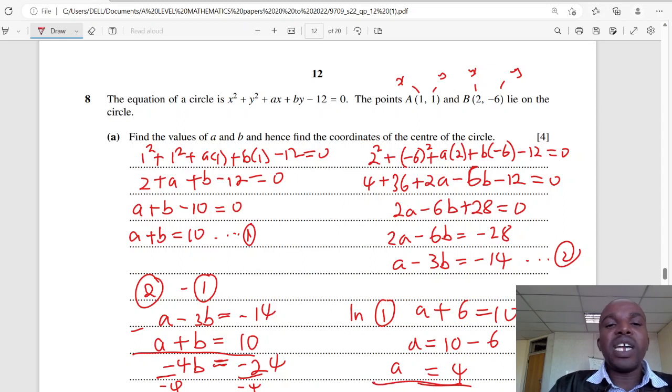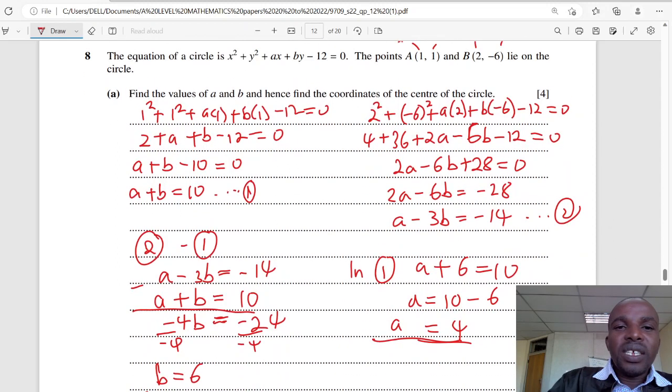Done. First part. Then second part. Hence find the coordinates of the center of the circle. We want to find the coordinates of the center of the circle. Right? You can substitute now. You can say x squared plus y squared. Then where there's a, you put plus 4x.